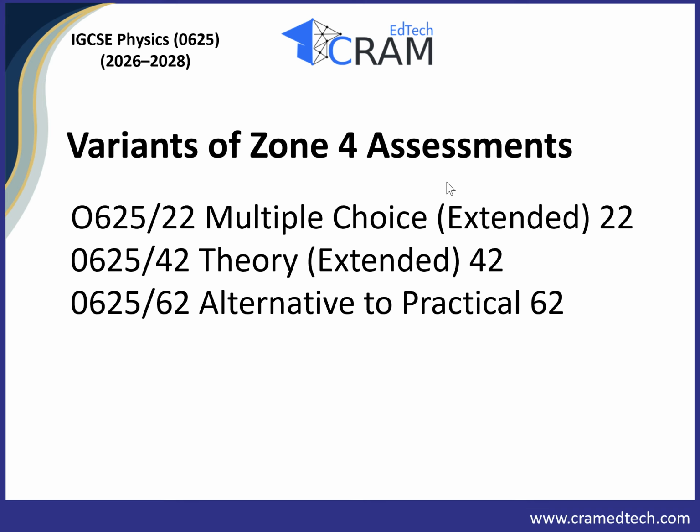You can see 0625, that is the code of the IGCSE Physics. Paper 2, as I told you, extended students are writing multiple choice, while this 2 is the variant. It means zone 4 students are writing the second variant for paper 2, paper 4, and paper 6.